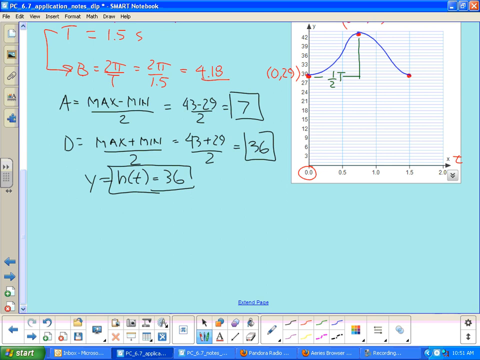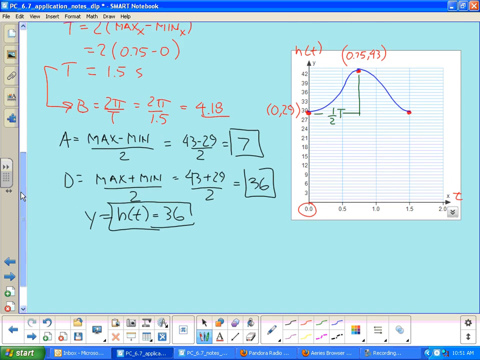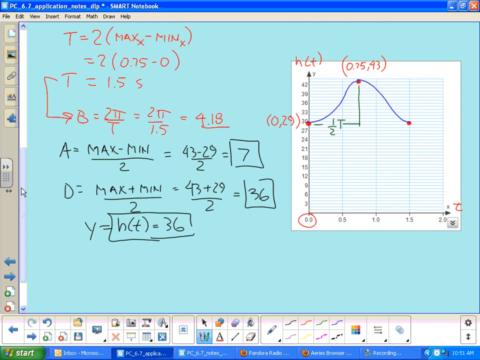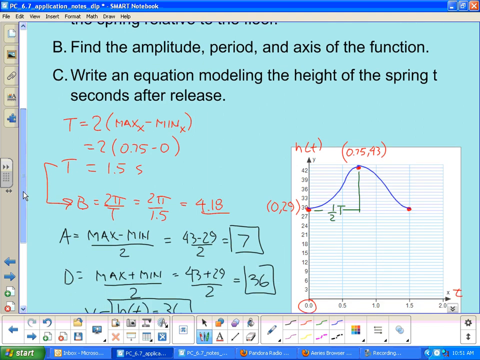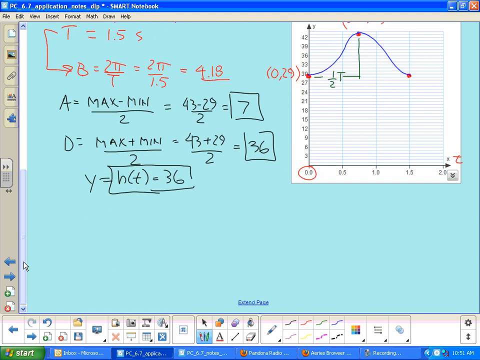There's part B, and then finally we write the equation. No phase shift because I start on the axis. So my equation should be h of t is equal to a times, now this is a negative cosine, so we're going to stick a negative out in front of that 7. Start it at a minimum. And then we're going to go ahead and separate our b and our t minus plus thing going on, although we don't have that phase shift.